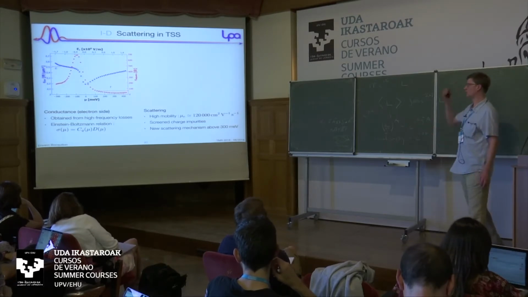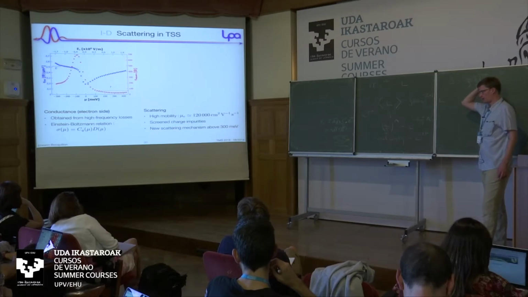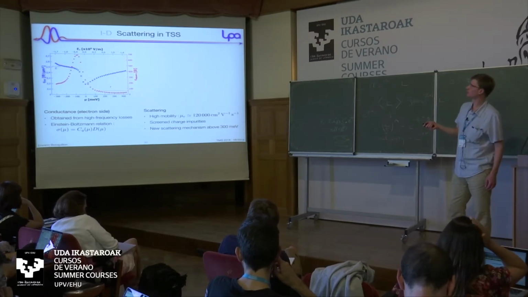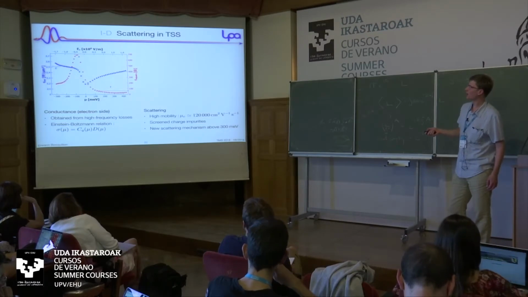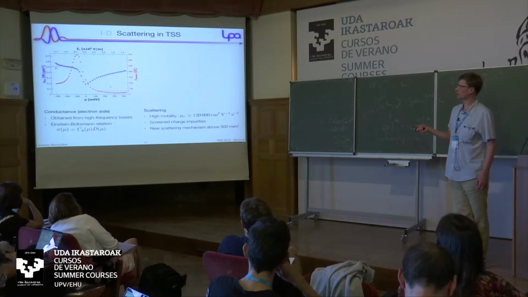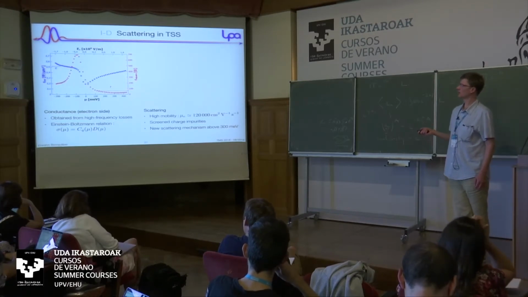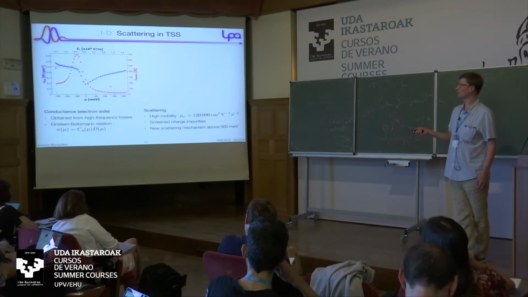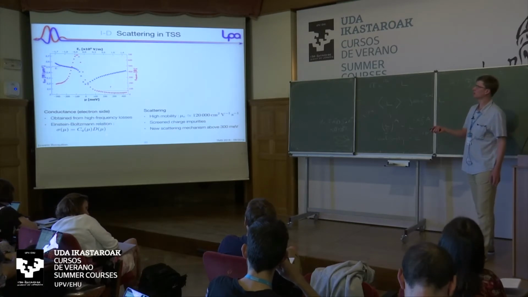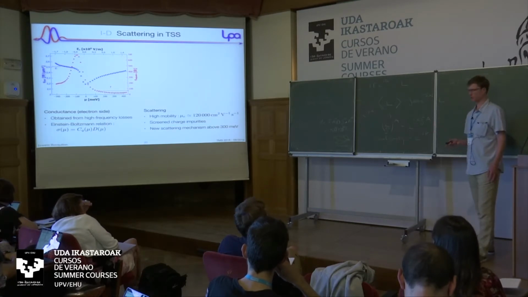And the best way to evidence this is not to look directly at the resistance, but to look at the diffusion constant. In our system, since we can measure the quantum capacitance and the conductance, there's this Einstein-Boltzmann relation, which is nothing but the fluctuation dissipation theorem, that tells you how to extract directly the diffusion constant.